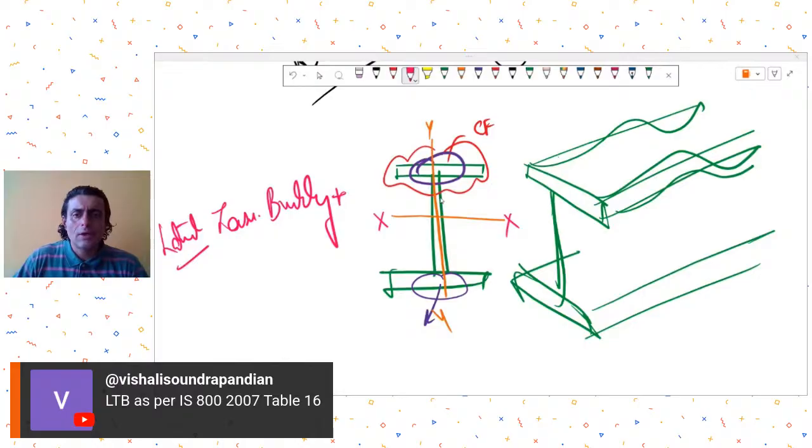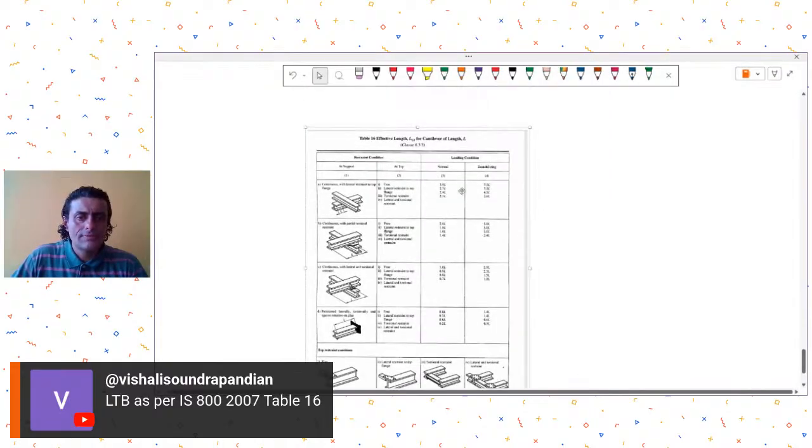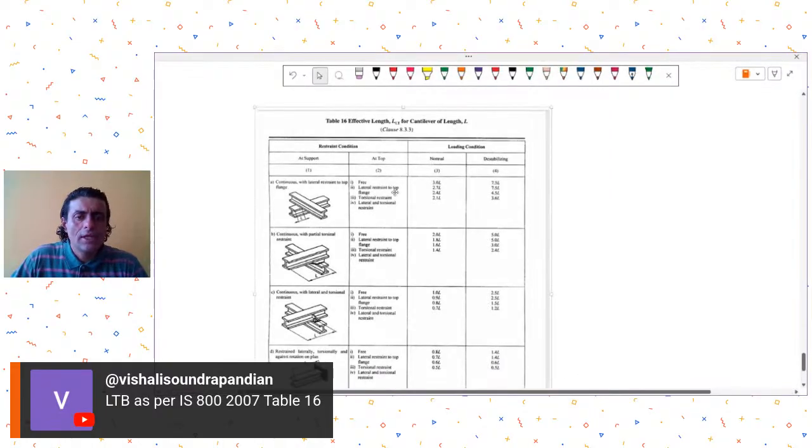Okay. Now if you look at this table, it gives you the effective length to be considered for cantilevers, and it depends on the loading condition, whether the loading condition is adding to the effect of lateral torsional buckling.